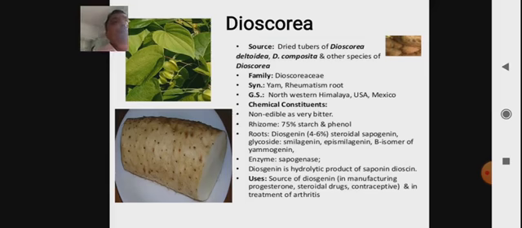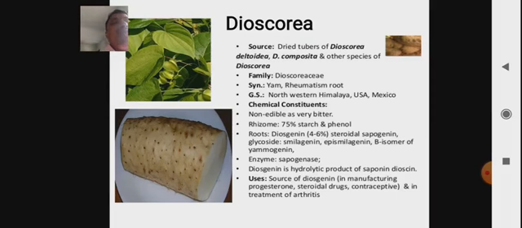Source: it consists of dried tubers of Dioscorea deltoidea, Dioscorea composita and other species of Dioscorea belonging to family Dioscoreaceae. Synonyms: yam, rheumatism root. Geographical source: mainly it occurs in north-western Himalaya, USA and Mexico.